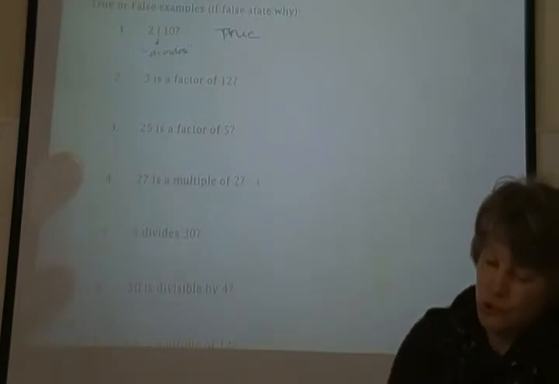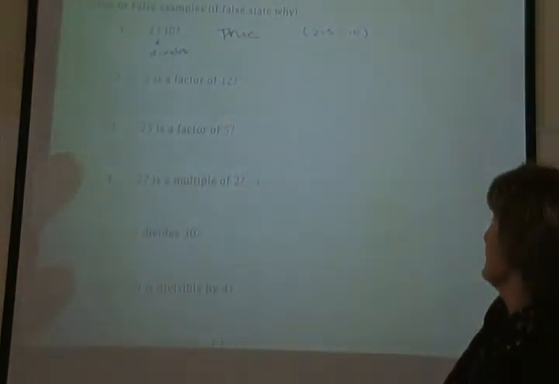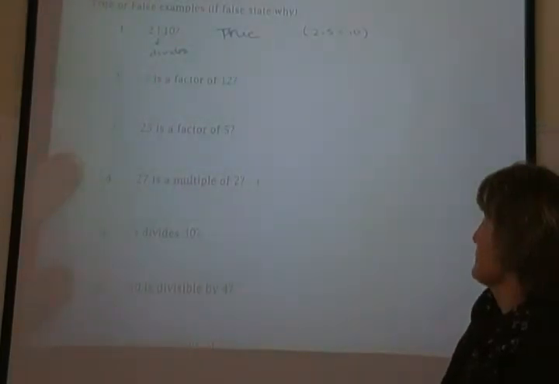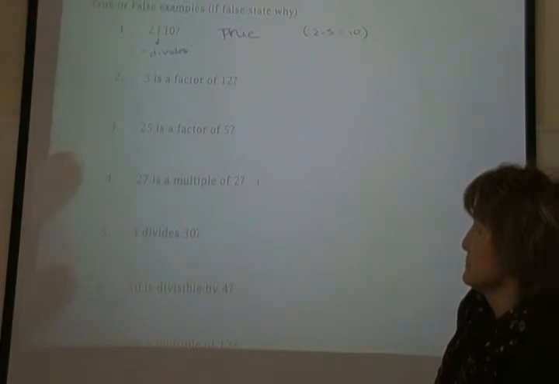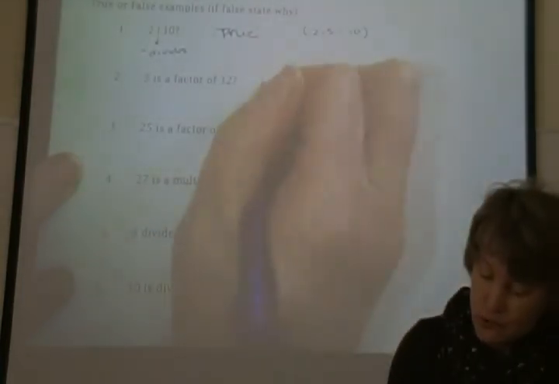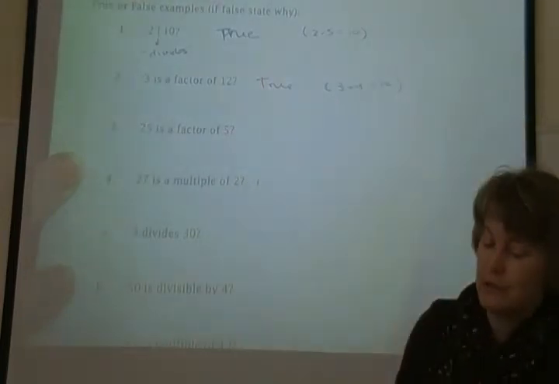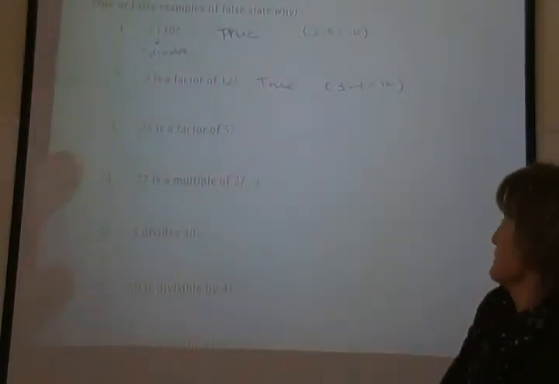Because 2 times 5 is 10. If I asked you to prove it, that would be proof. 3 is a factor of 12. Well, is a factor of, you can think about exactly as we did divides, it's true. Because 3 times 4 is 12. So 3 is a factor of 12.